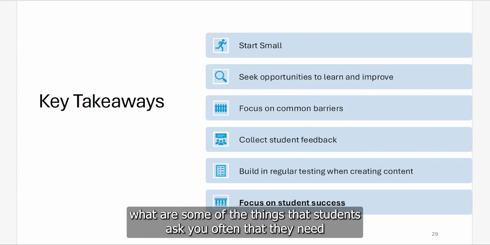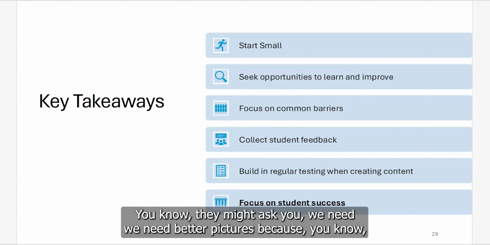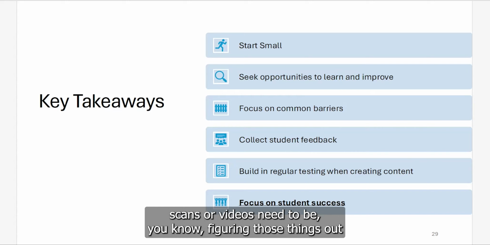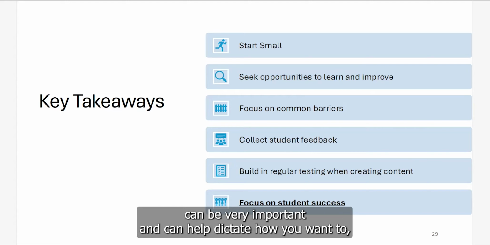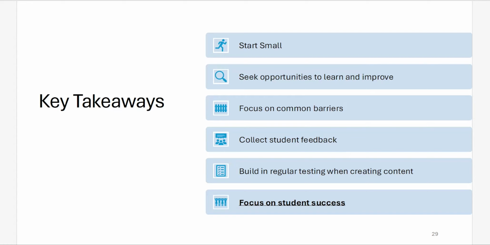Maybe figure out what students often ask you for accommodations. They might ask for better pictures because they look very pixelated, or higher quality scans, or videos. Figuring those things out can be very important and can help dictate how you want to increase the accessibility of your digital content.